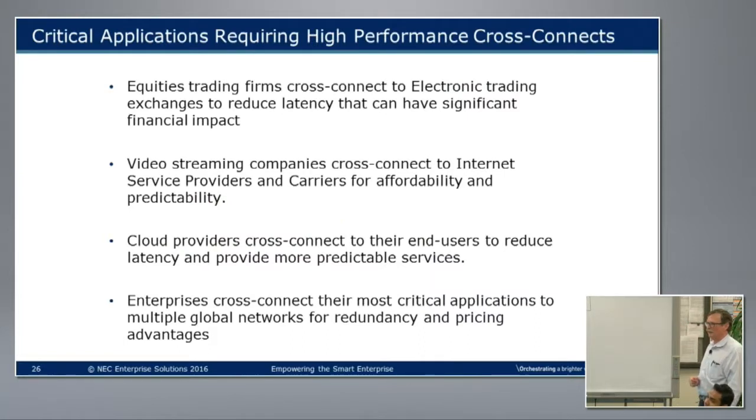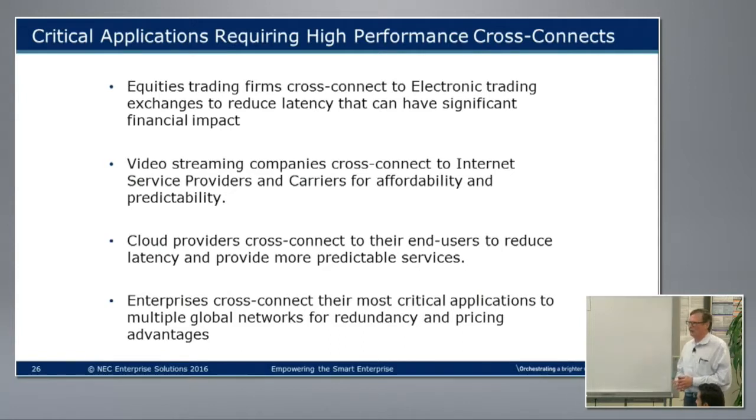Now, CrossConnects are more complicated and bigger business than many people think. There are, first of all, critical types of CrossConnects. One example would be an equity trading firm that needs an extremely fast CrossConnect. Every millisecond there matters. The price of the stock changes, and a lot of money is lost or won.